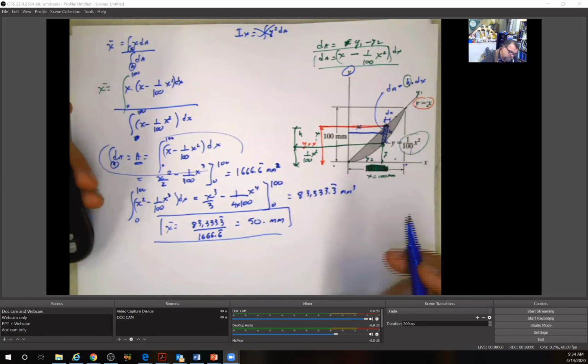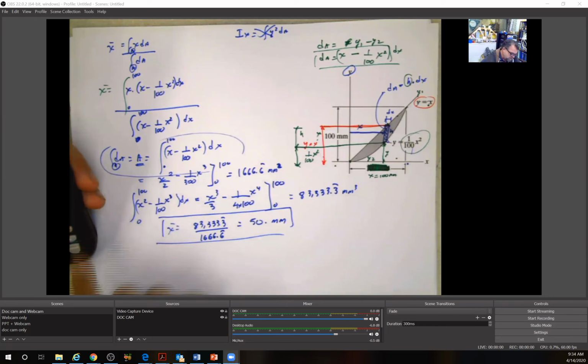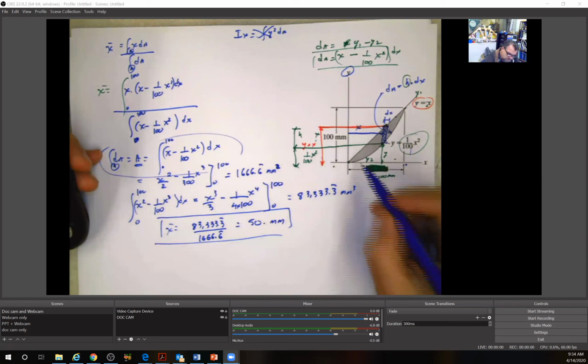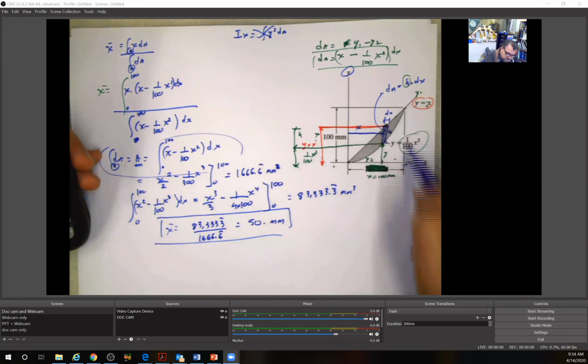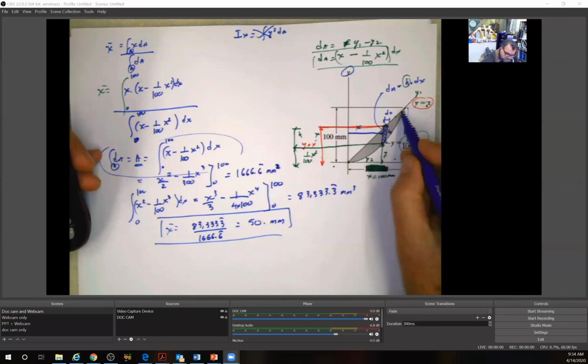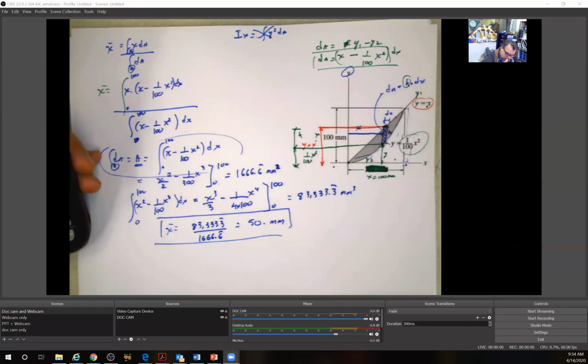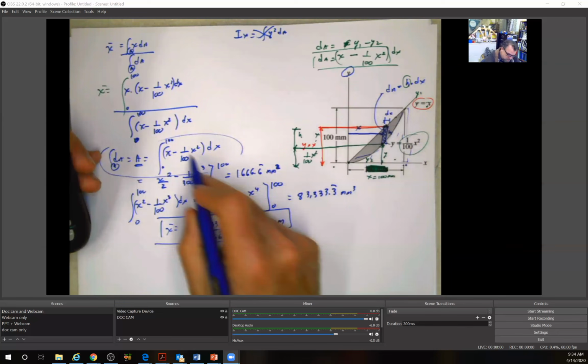Do you see? This is a triangle here, and this is a parabola. And I know this is a real parabola.